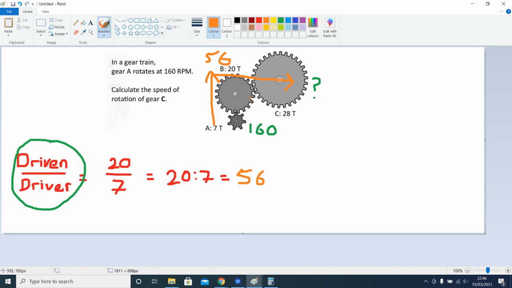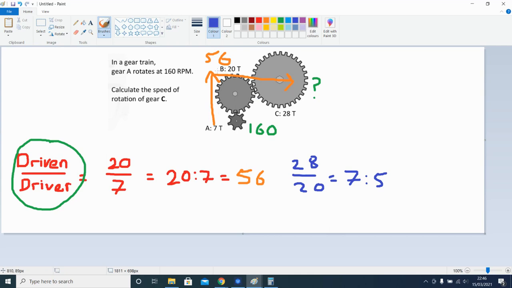Now we do the same from B to C. From B to C, it's driven over driver again. So that's 28 driven over driver, and when you work that out, break it down, factor it, you will get a ratio of 7 to 5.